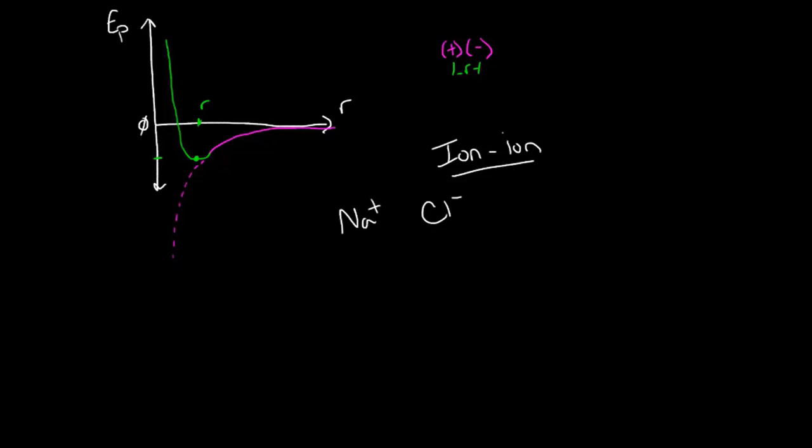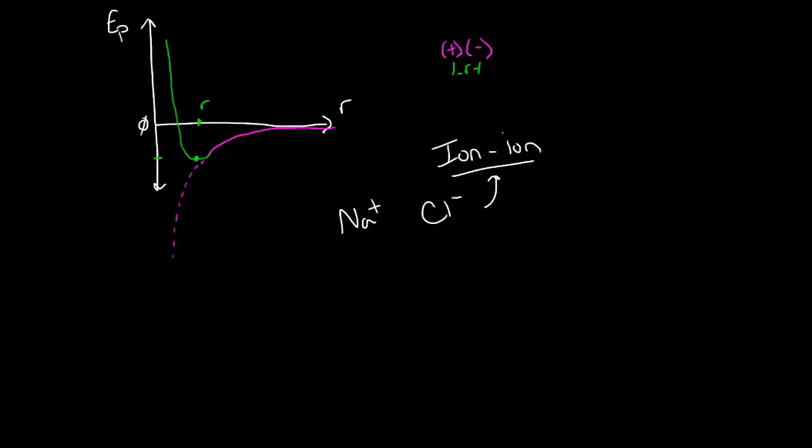When a sodium cation and a chloride anion come together to interact, these form ionic compounds. And we often say ionic bonds. But the reality is that the interaction between a sodium cation and a chloride anion is not actually a bond. It's an intermolecular force, and that intermolecular force is ion-ion.